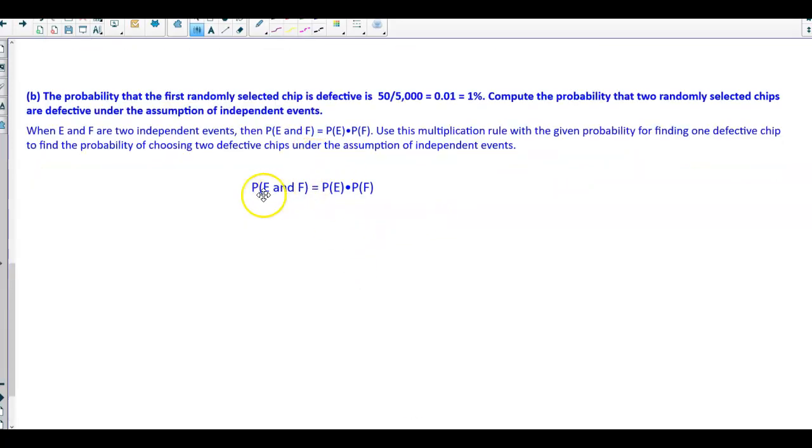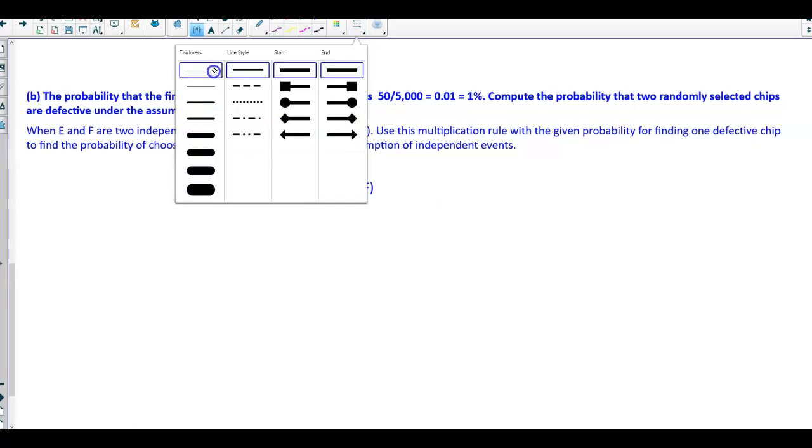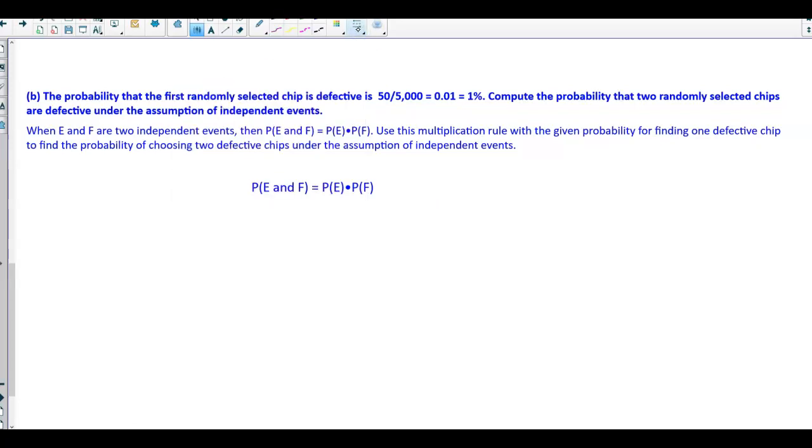Well, again, the formula, the probability of E and F is equal to the probability of event E times the probability of event F. Now, if we take a look, we know that we're given the probability. Okay, so the probability of E is given, which is 0.01. And the probability of event F is also 0.01.